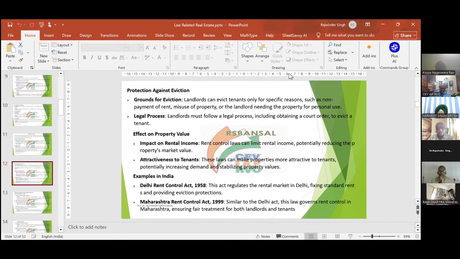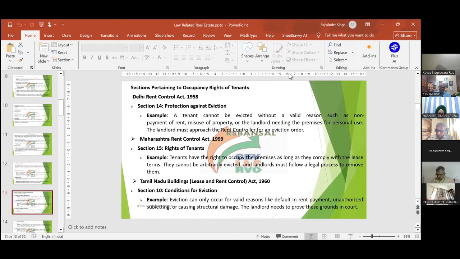And similarly, the Maharashtra Rent Control Act, 1999. It is similar to the Delhi Rent Control Act. It governs the rent control in the Maharashtra state, ensuring fair treatment for both landlords and the tenants. Then the sections pertaining to occupancy rights of the tenant.